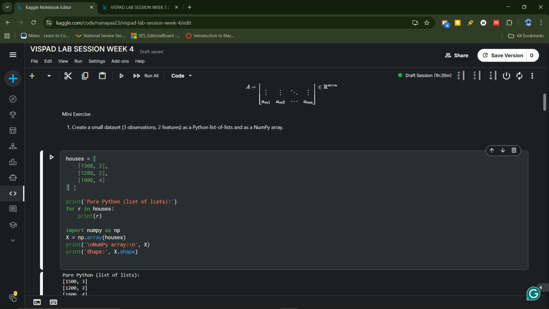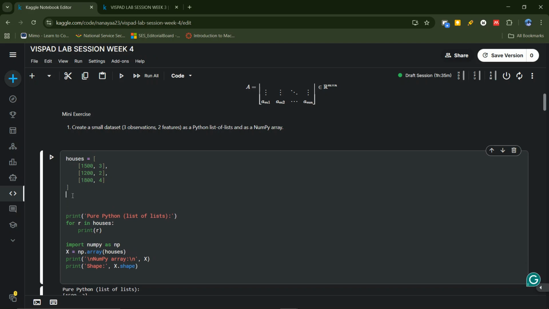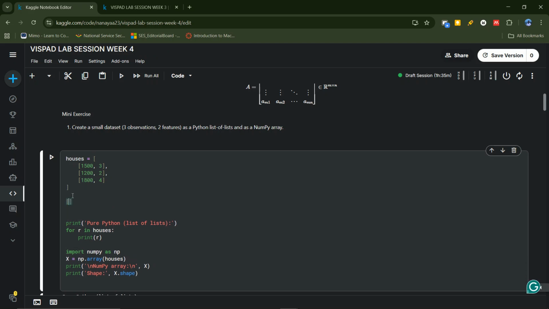So if you take this example over here, this is a Python list of lists. In case you are confused, remember that to define a list, we use square brackets, as I've highlighted over here.